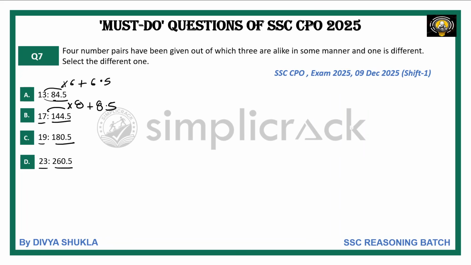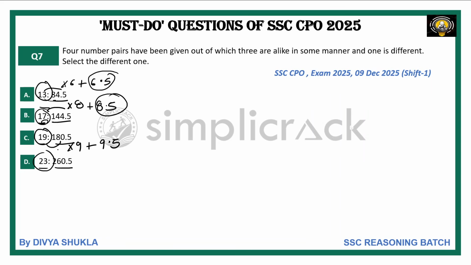Okay. So we can't see any logic here. Here also we would be multiplying by 9, I think. So if I'm multiplying by 9, 171, and this would be 9.5. We are adding 9.5 here. So one thing you can notice is that in all of these three, we are adding half of the given number.